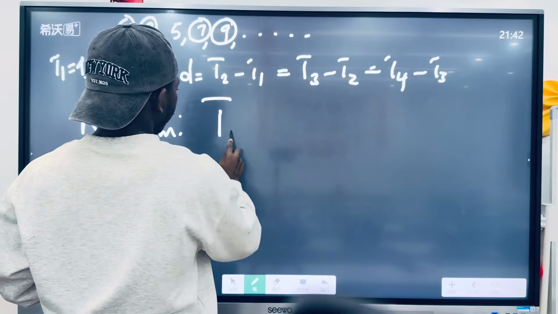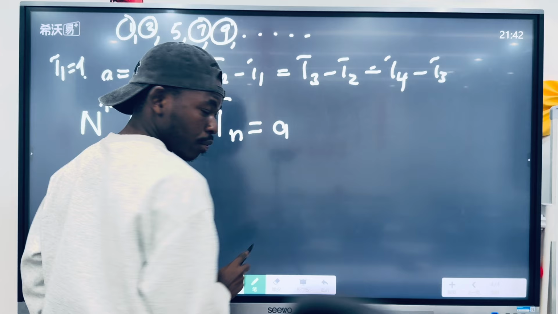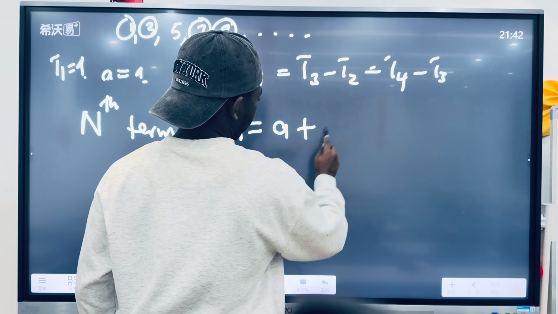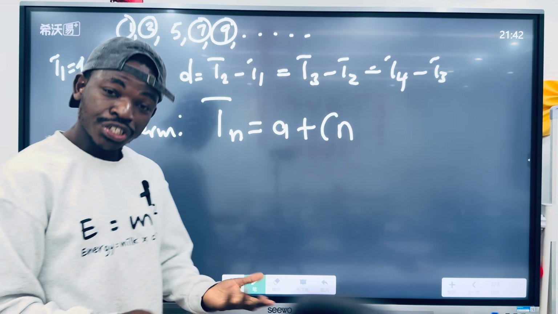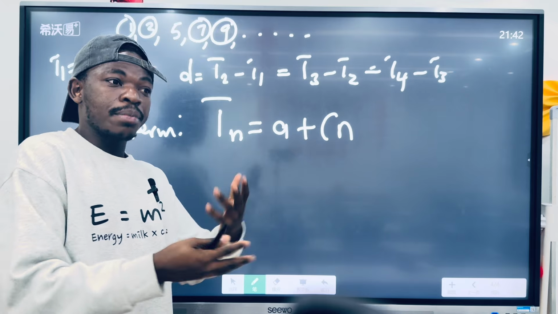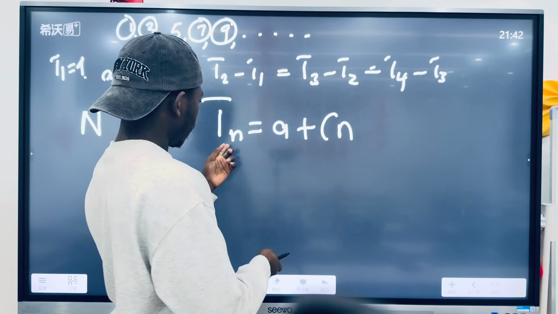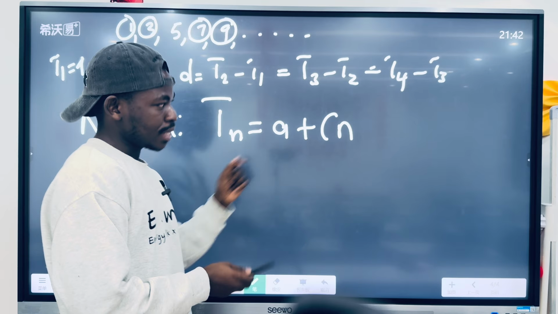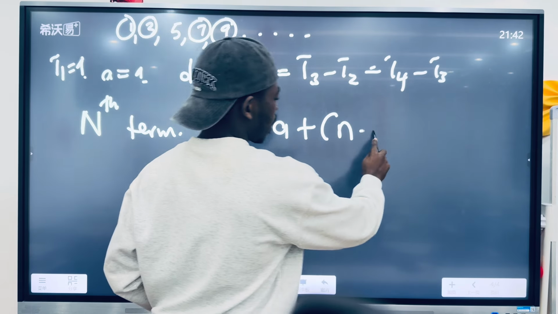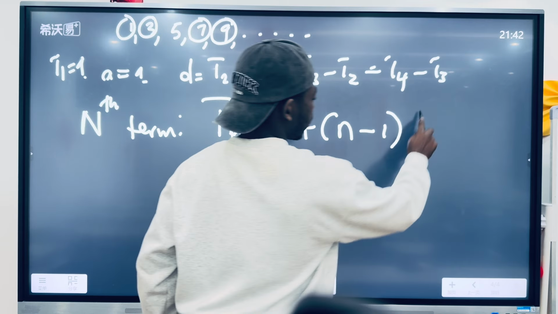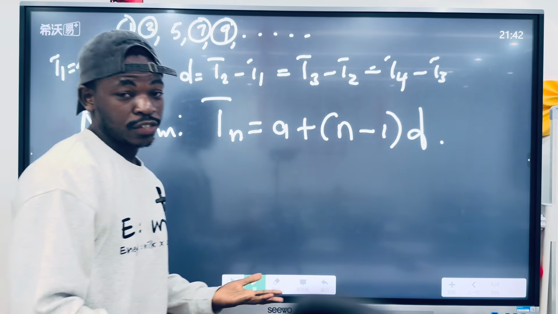So Tn is equal to A, which is the first term, plus N is the position. For example, if I ask you, what is term number 20, 20th term, then N is 20. So Tn is equal to A plus N minus 1, then multiplied by D. You need to know this formula, okay?